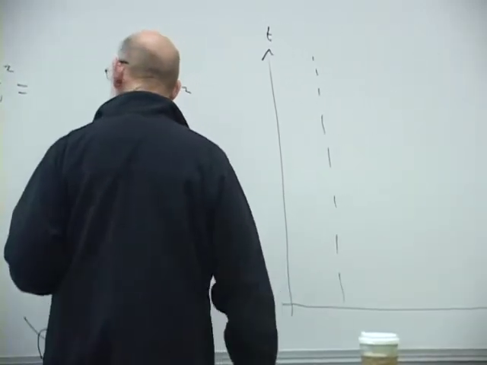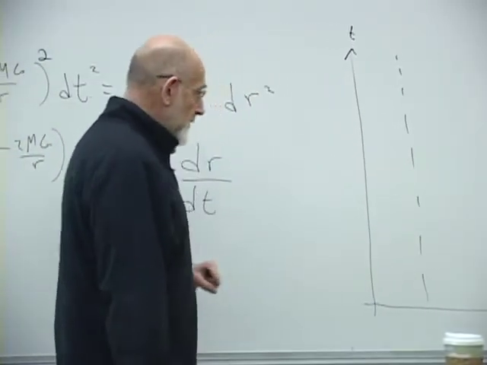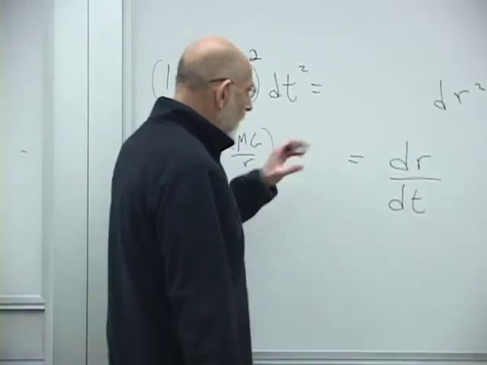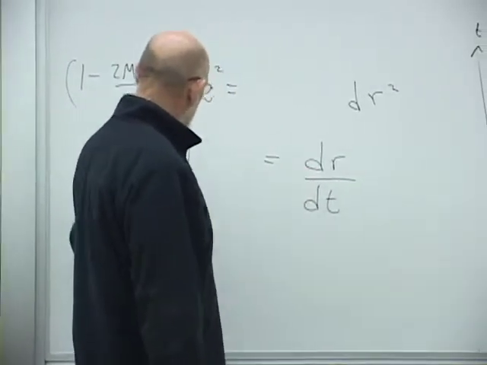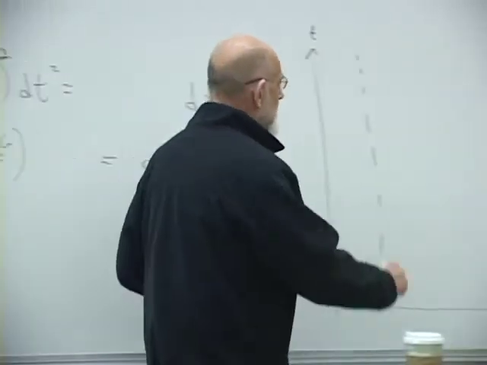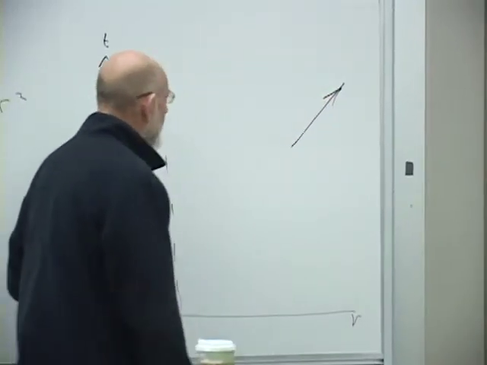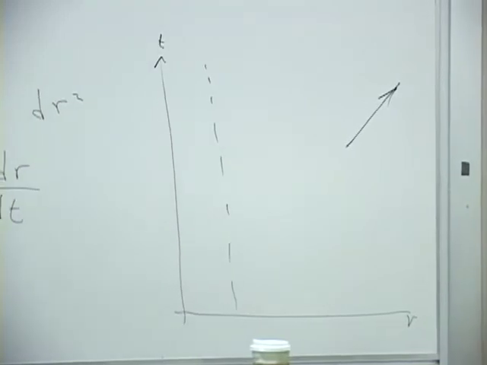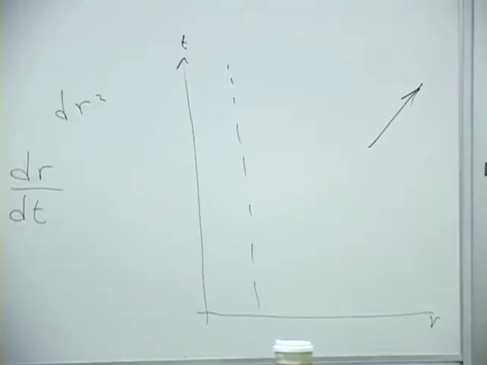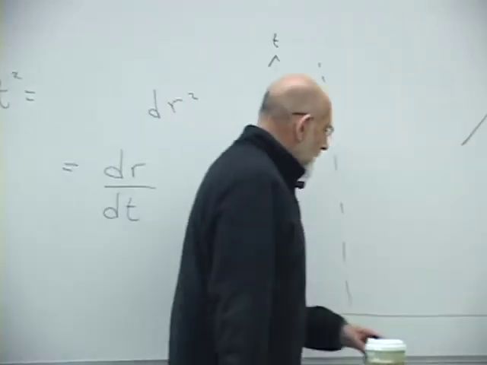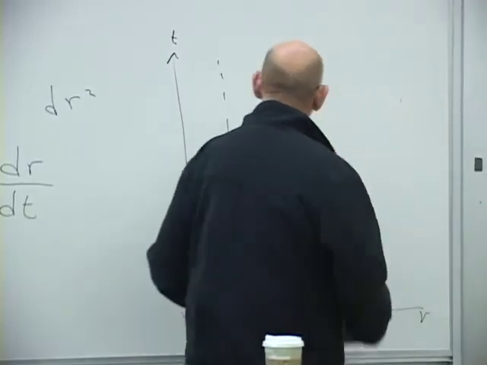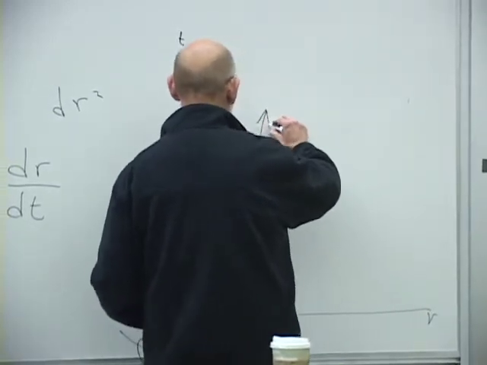And now let's take outgoing light rays. When we're far away, dr by dt is close to 1. That means the light ray on this diagram moves close to the 45-degree axis here. But what happens as we get closer to the black hole? As we get closer to the black hole, the light rays move much more slowly.